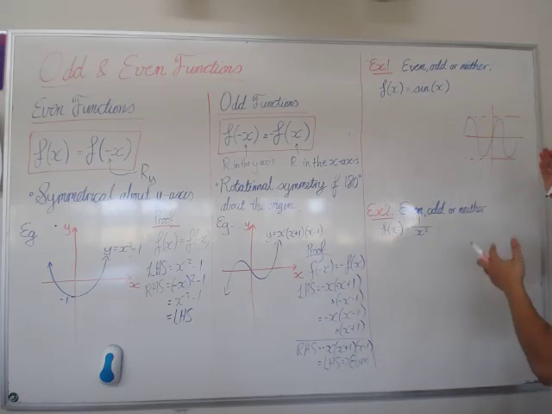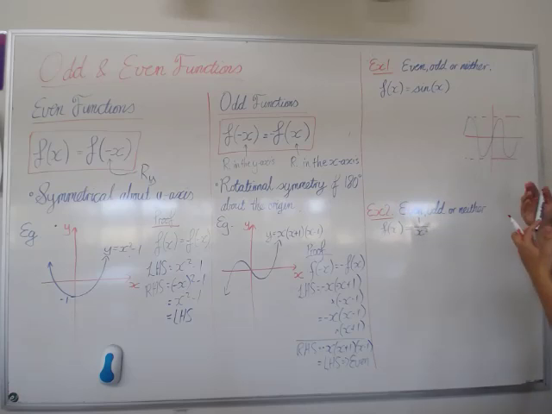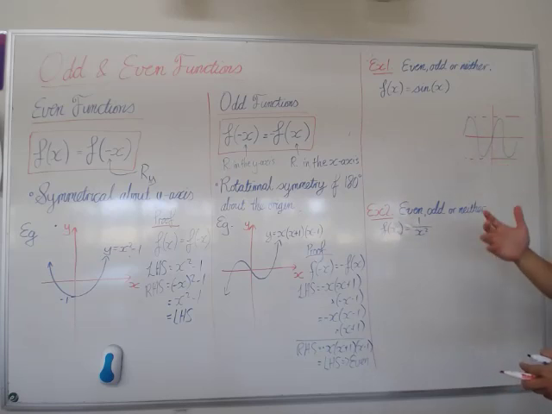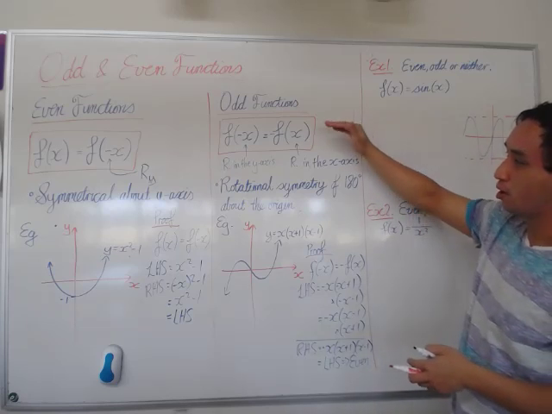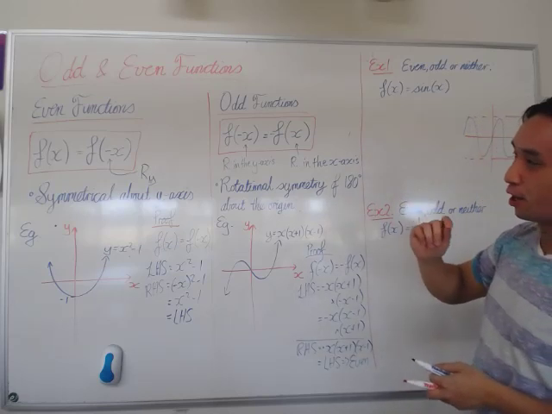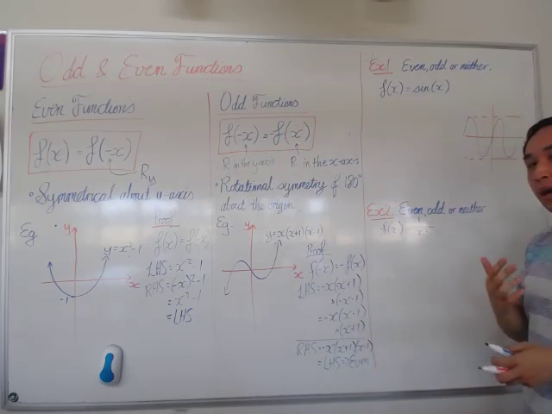But I'll just stop here to show you the possibilities of this being an odd or even function. If I flip it from left to right, does it look the same as the original function? Maybe, but if it's a bit hard to visualize, just go through these possibilities and see what's happening. So we're going to be evaluating f of negative x and negative f of x and comparing these results.